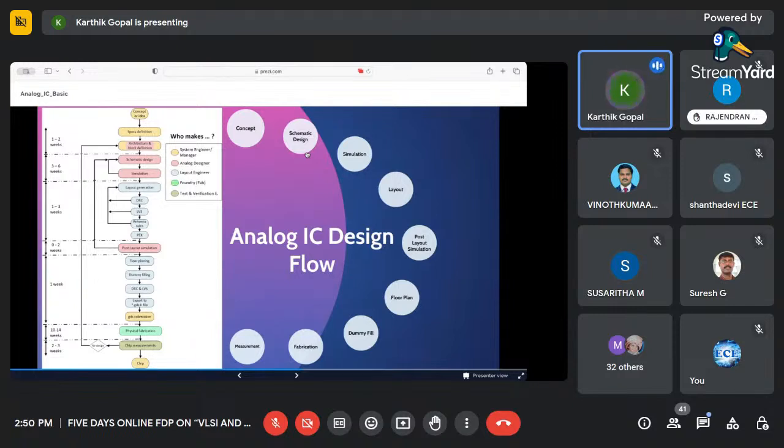Of course, it is not going to match exactly because that is a real case, that is a model file. If it is meeting the specification, then it is fine. Otherwise, we all together need to follow from the schematic design.